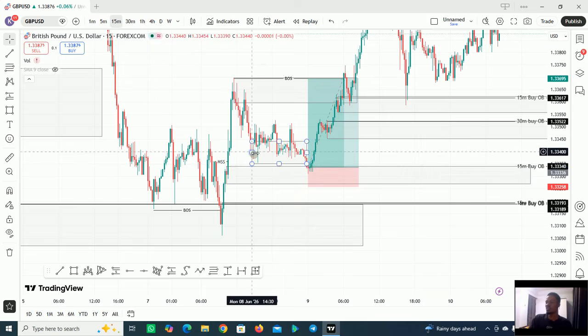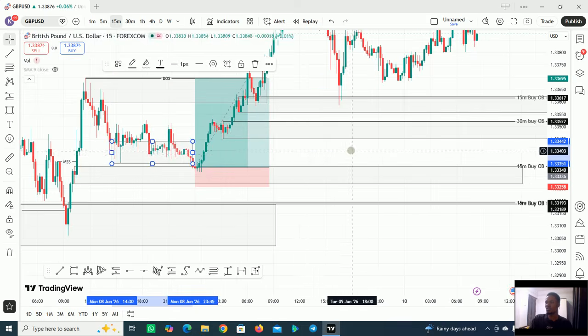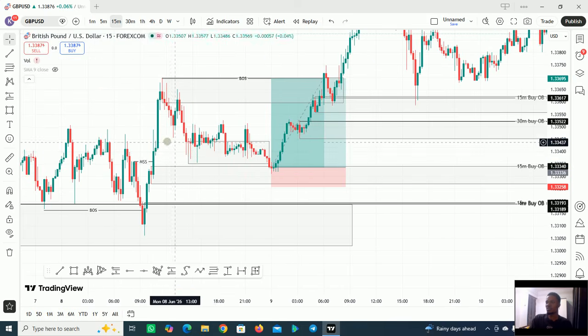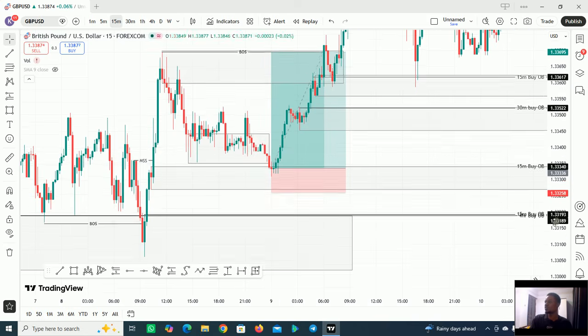As you can see, price was tapping this place. We have a lot of wicks here inducing buyers, about 10 touches, about 10 long wicks right here. That process was inducing buyers. The big game players were inducing buyers.